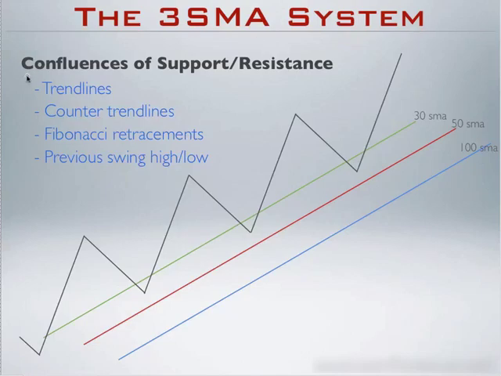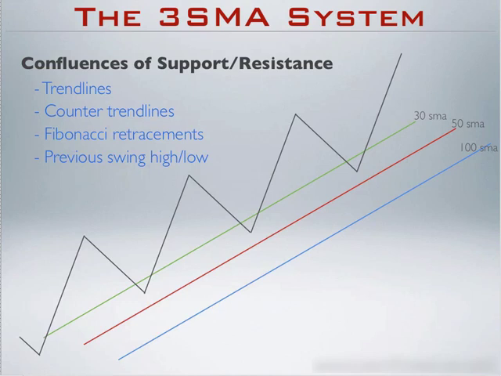Well, okay then, let's start off with confluences of support and resistance. Since I've pictured an uptrend here, obviously we'll be talking about confluences of support. In case we have a downtrend, we'll be talking about confluences of resistance. What's a confluence? A confluence is basically an area in your chart where multiple different elements of support or resistance come together within a few pips of each other, lining up more or less at the same junction of the chart, strengthening each other.